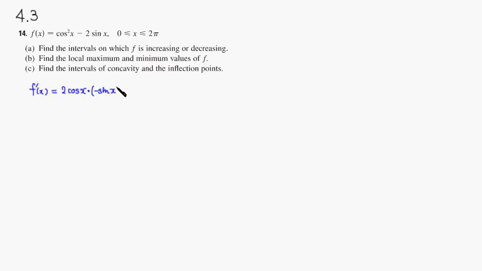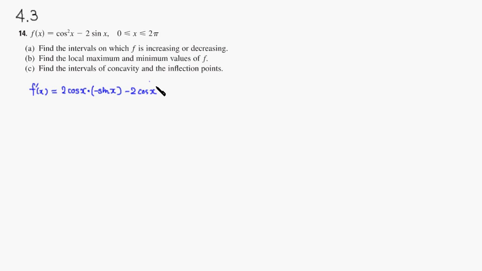The derivative of negative 2 sine of x is negative 2 cosine of x.